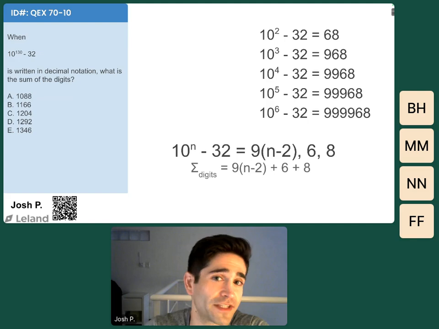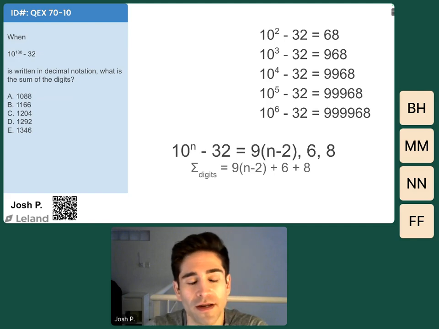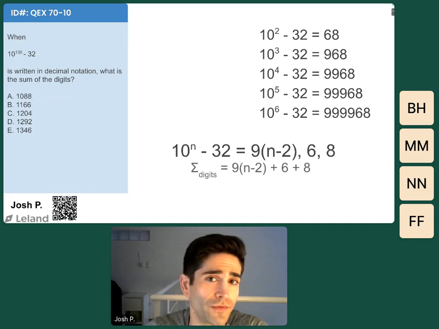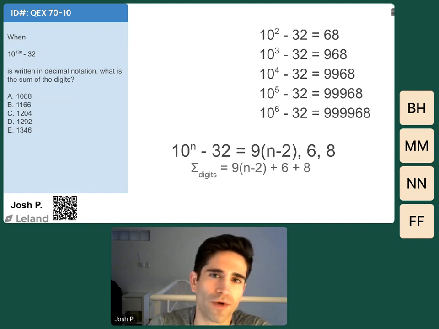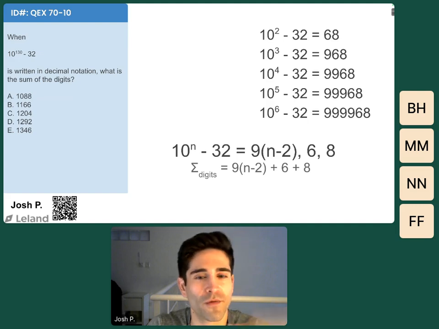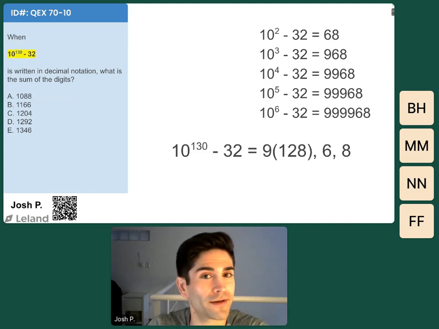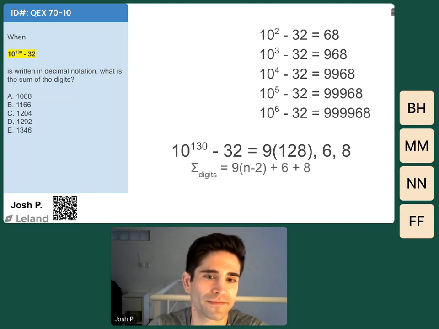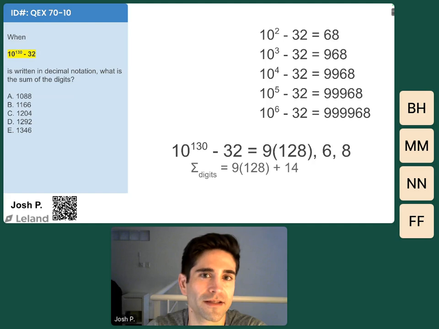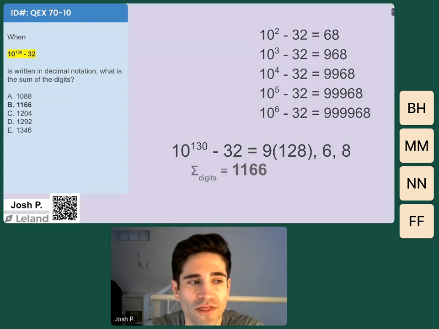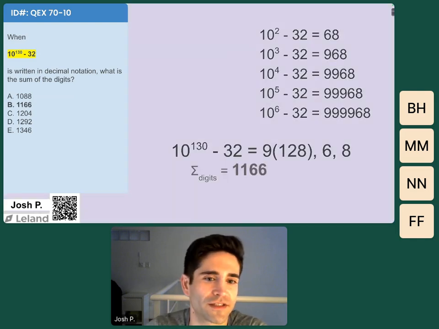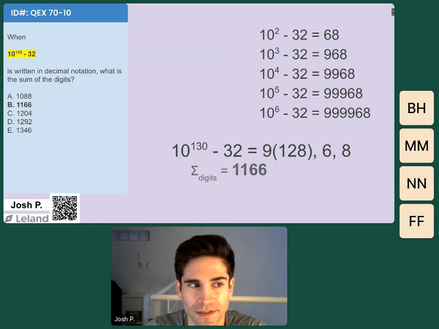And so the sum of the digits is essentially 9 times n minus 2 plus 6 plus 8. All we have to do now is plug in 130 for n. And we're left with a sum of digits of 9 times 128 plus 14, which gives us 1,166. That is our answer.